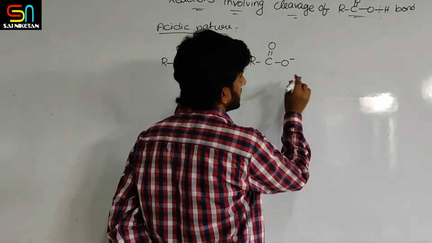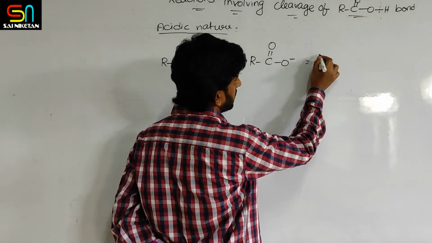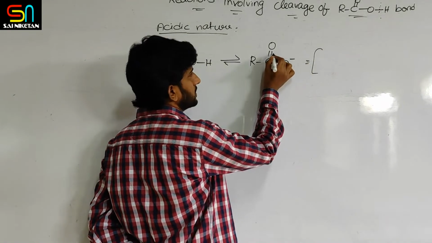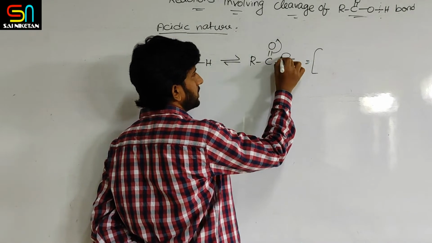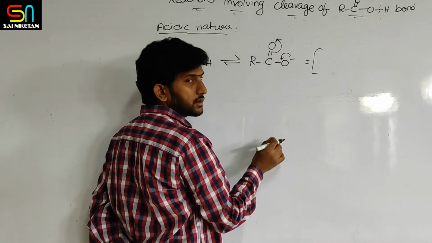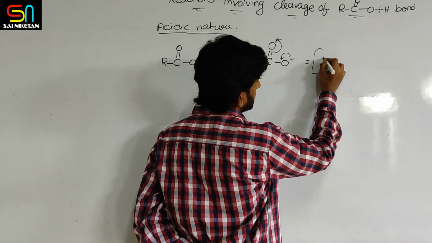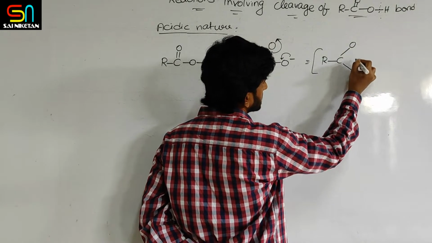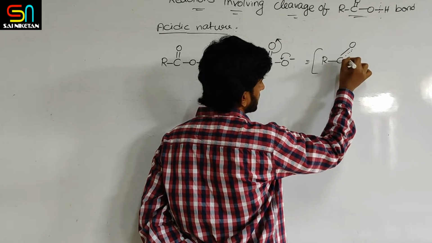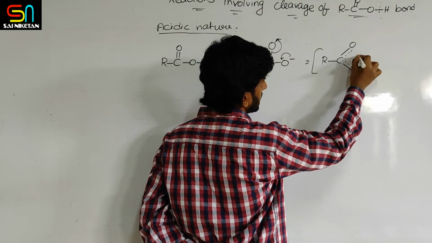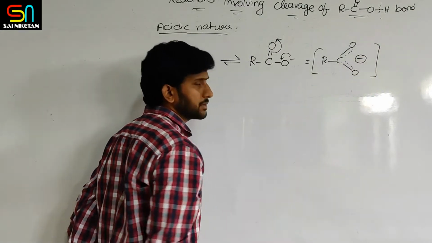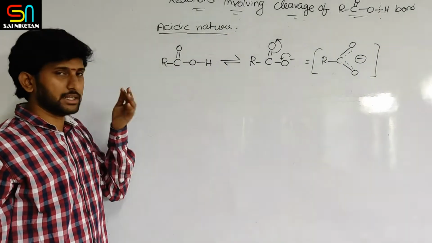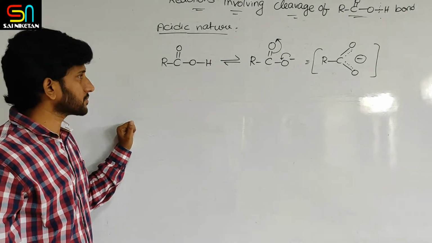For this carboxylate ion there is possibility of resonance, conjugation, and finally we have written both the oxygens with partial double bond character and negative charge. This is the resonance hybrid of the carboxylate ion.